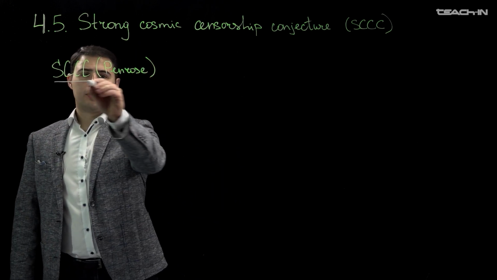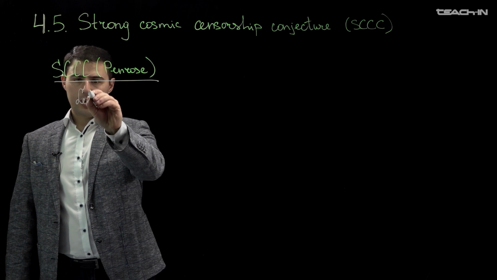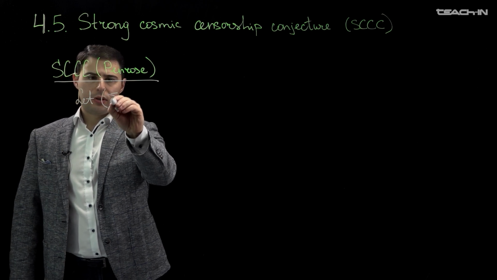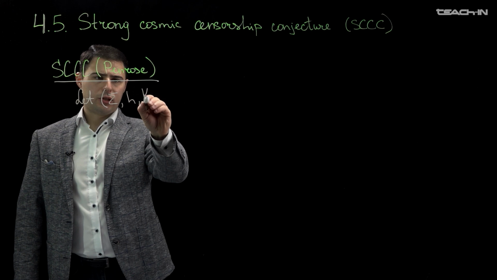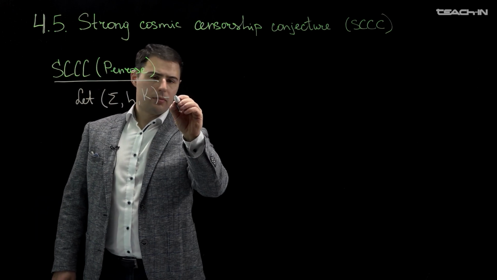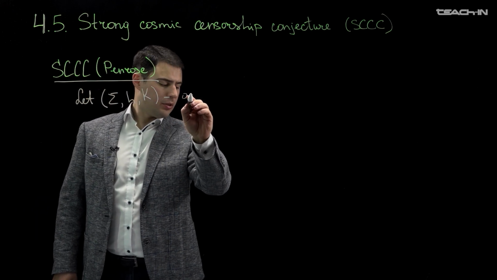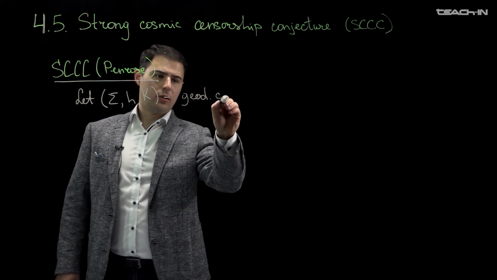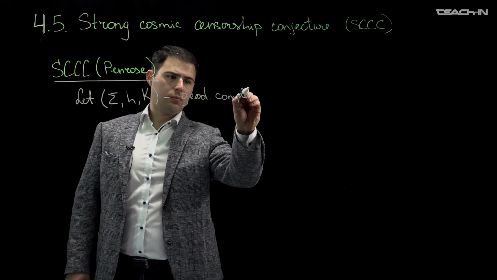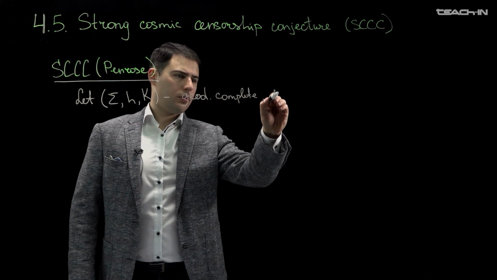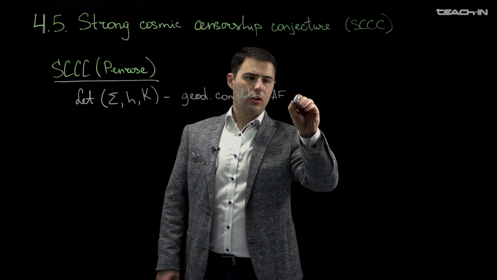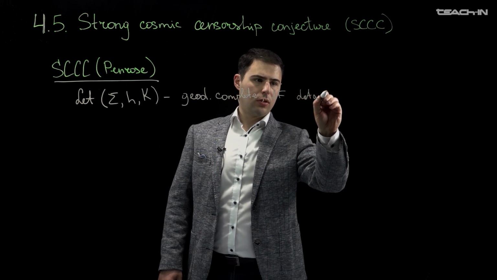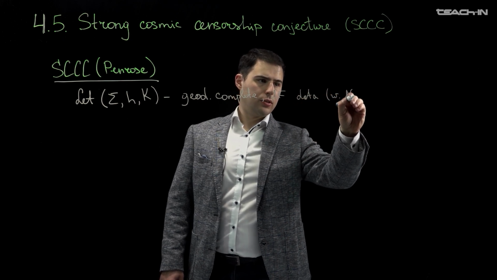Let us write it a bit more rigorously. Let sigma, h and K be geodesically complete asymptotically flat data with n ends.